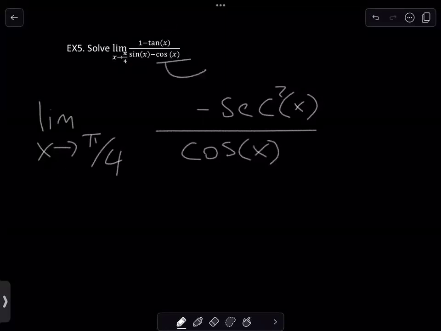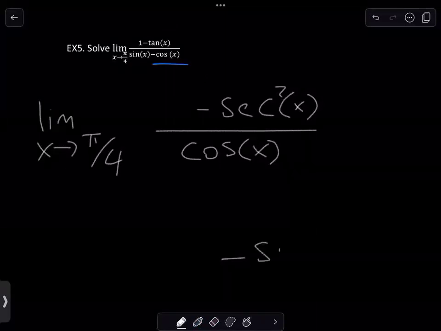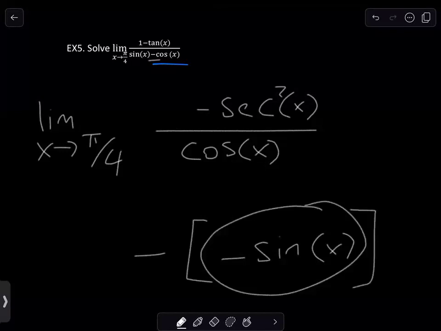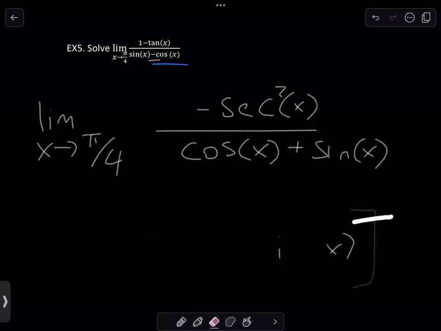And then just be careful when you're differentiating minus cosine x. The derivative of cosine of x is minus sine of x, but you have a minus in front of the cosine x. So on the bottom, you have a minus times a minus, it's plus sine of x. And that's how you differentiate the denominator.